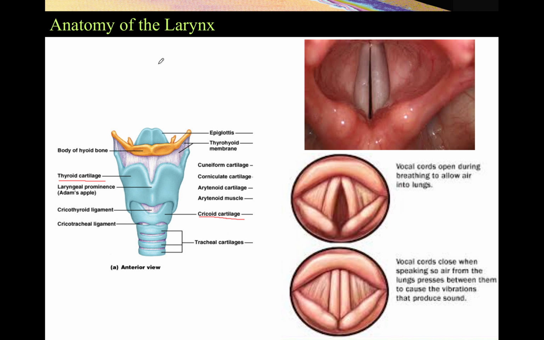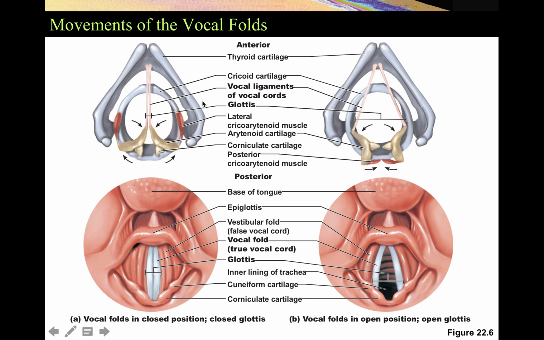If I'm looking at the superior view, which is this view right here, you see 2 additional cartilages that are forming the internal structure. The first one, which is the larger one, is called the arytenoid cartilage. And these fang-shaped cartilages are called the corniculate cartilage.